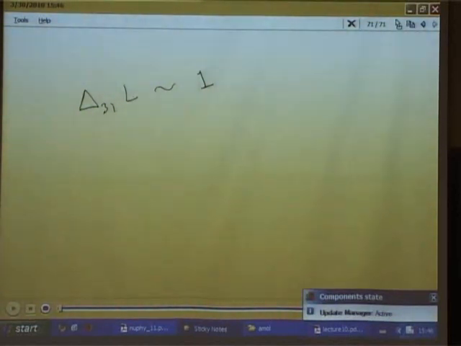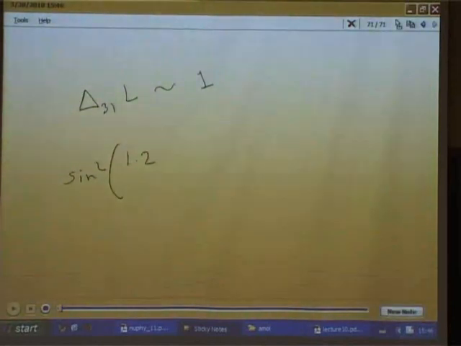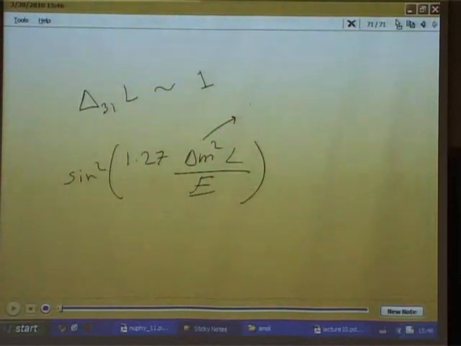So actually you know something more, right? You know this oscillation has sine square of 1.27 delta m² L in kilometers divided by E in electron volts and so on. So this is 1.27, delta m² is some 2.5 times 10 power minus 3 electron volts squared, E is 10 GeV. We want this term to be of the order of 1.